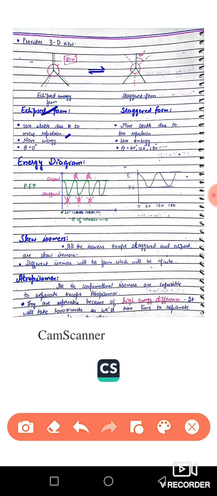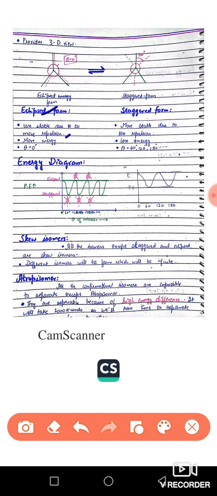Keep this concept in your mind: whenever the stability increases, energy decreases. If you want to learn the whole chapter, you have to keep this concept in your mind. In every topic, you repeat this concept: stability is inversely proportional to energy.